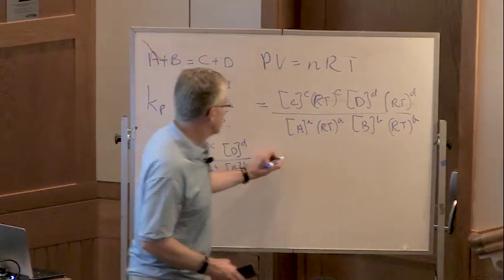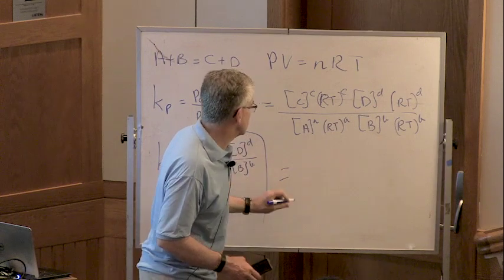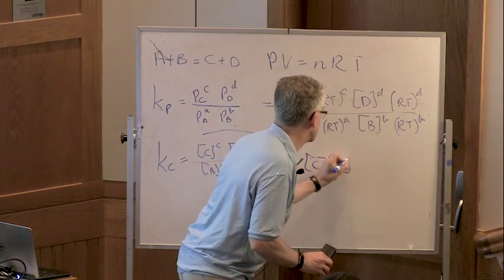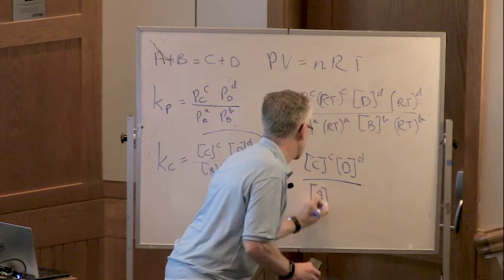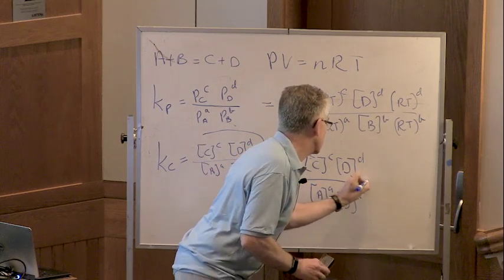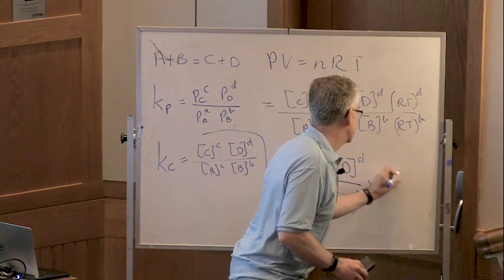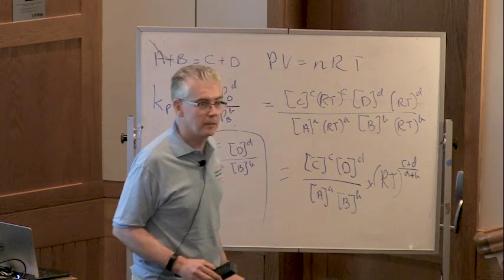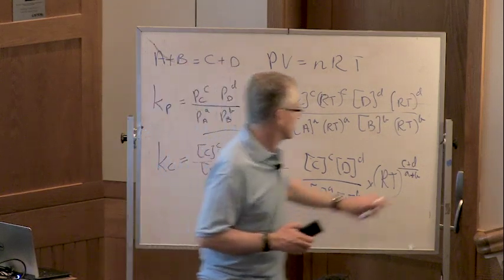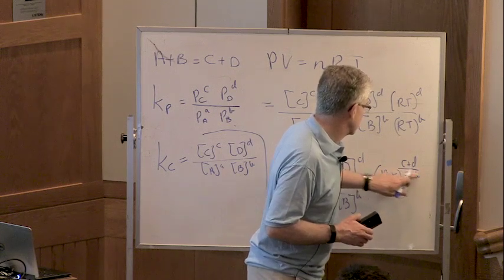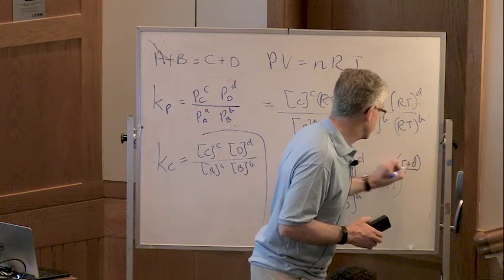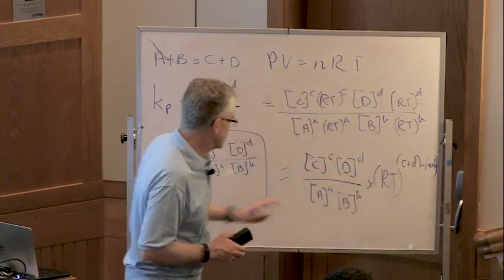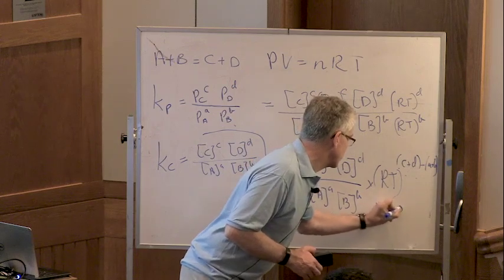And, okay, I'm looking here now. This is equal to the concentration of C to the power of c, D to the power of d, A to the power of a, B to the power of b, times RT to the power of c plus d over a plus b, which is RT to the delta n.